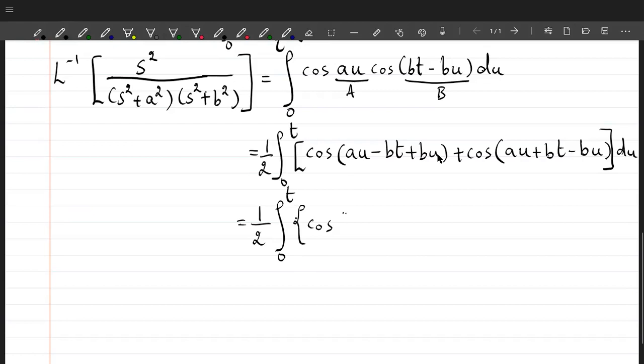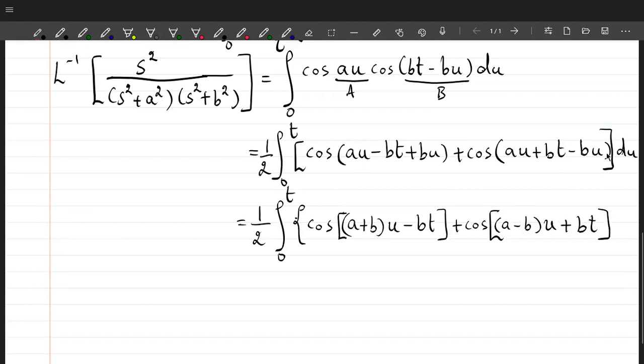So I'll combine them and write it together as A plus B into U. Then I have minus BT. And the next term which I have here is plus cosine of, here I have AU minus BU. So I'll keep U as a common term. So I get A minus B into U plus BT. And integration should be done with respect to U.